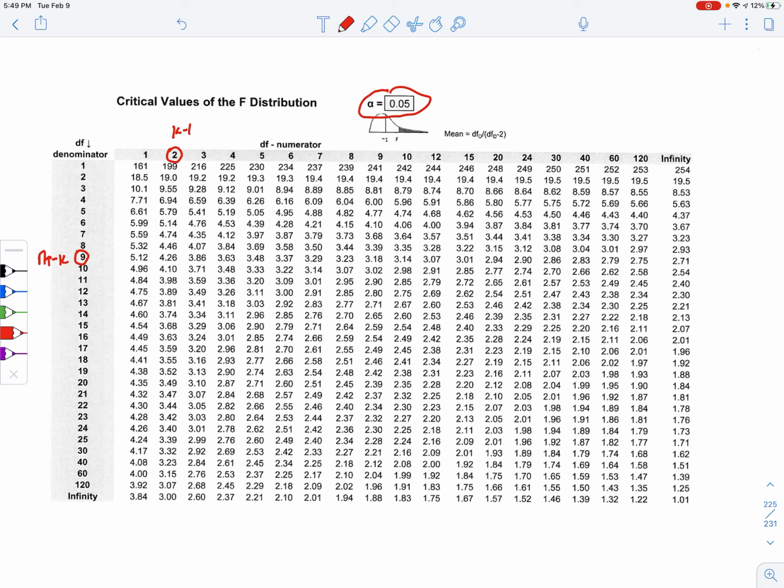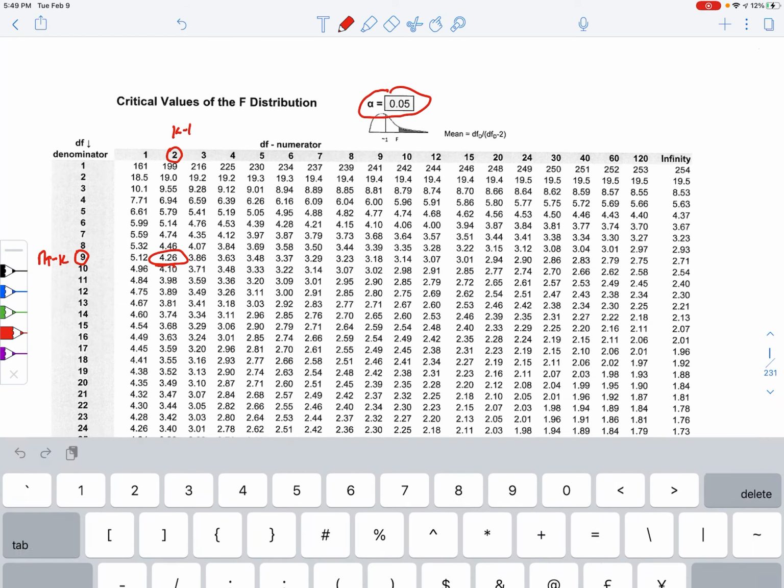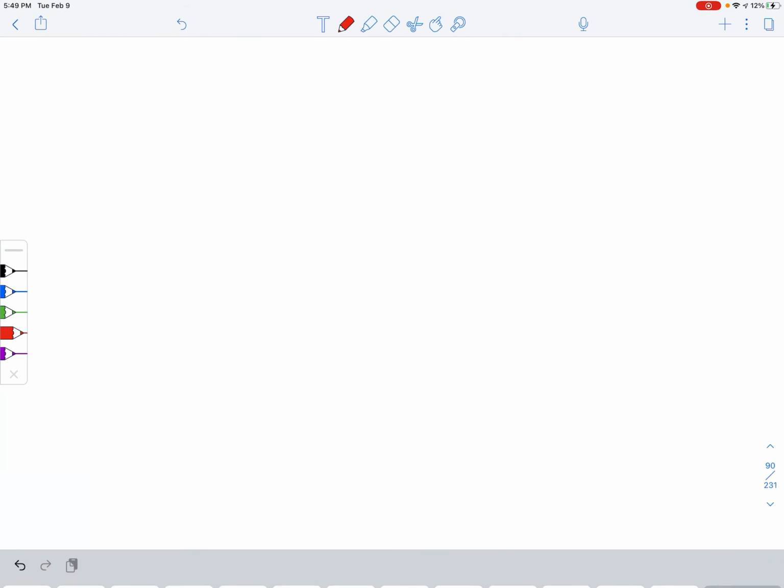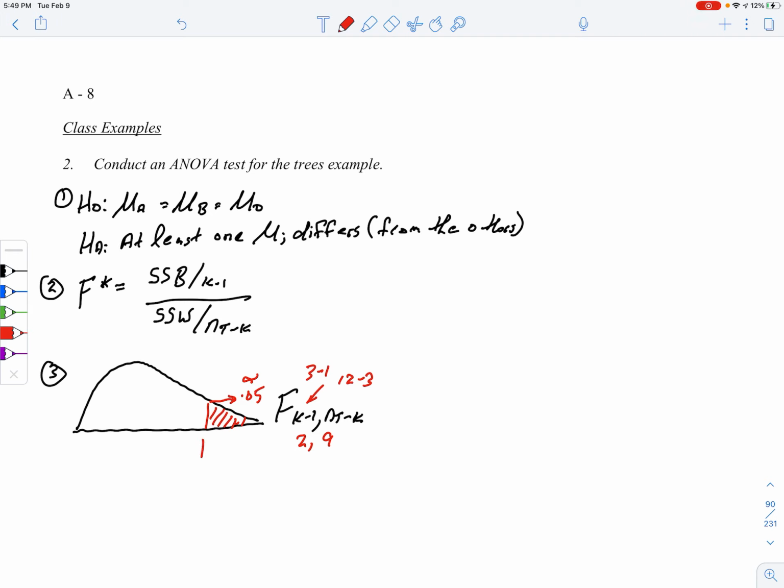That was 9. So when we take a look at the intersection of those two, we get 4.26. So that is our critical value. So 4.26, if your f star value is greater than 4.26, we're going to reject H0.